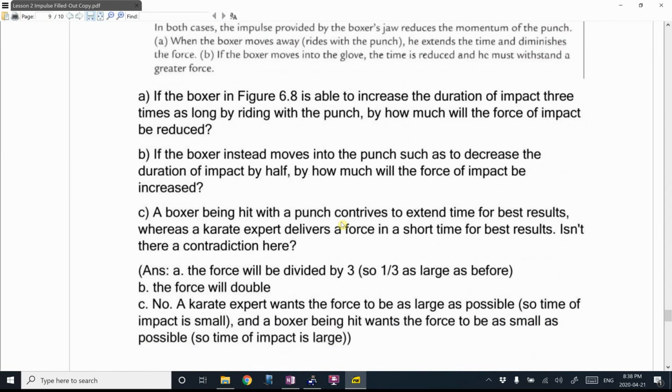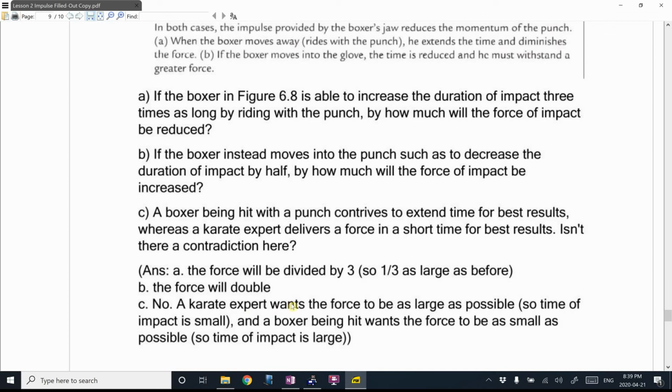A boxer being hit with a punch contrives to extend the time for best results. That's true. But a karate expert wants to deliver the force in a short time. Isn't there a contradiction here? No, because a boxer wants to reduce the force on their face, but a karate expert wants to maximize the force on the object that they're hitting.